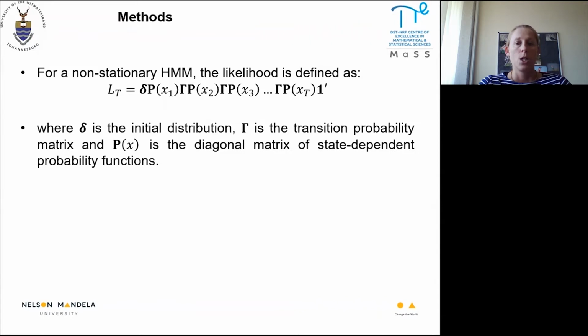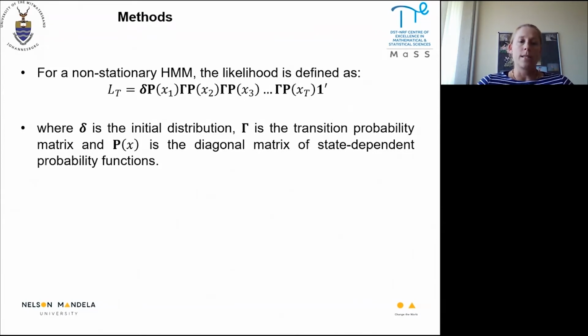Then you have gamma, which is your transition probability matrix. And then you have a diagonal matrix of state-dependent probability functions. And in terms of fitting the model, you calculate your likelihood and then optimize it to find your maximum likelihood, and use those parameters as your maximum likelihood estimates.